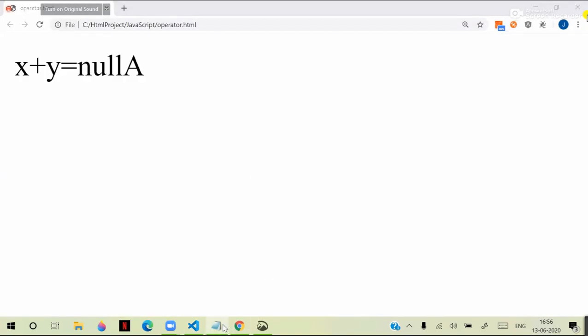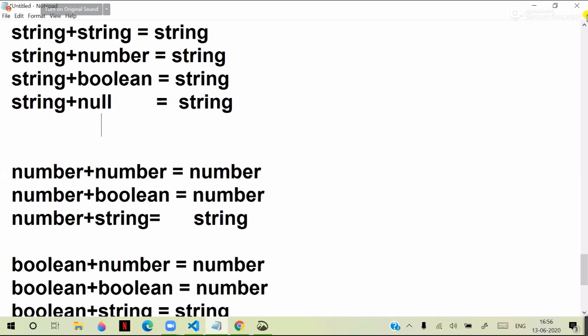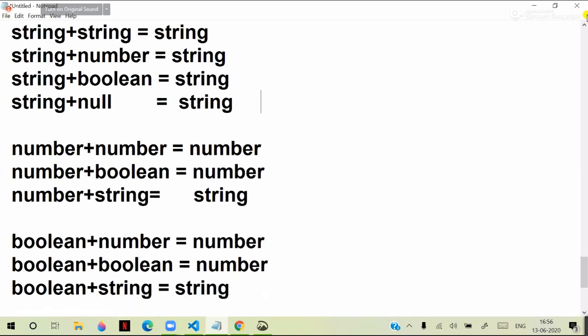What you need to understand is, for example, you are defining string plus null. Then it is going to give a string only. Suppose you have x equal to 10 and y is equal to null, then x plus y means it will return 10 null, like this.